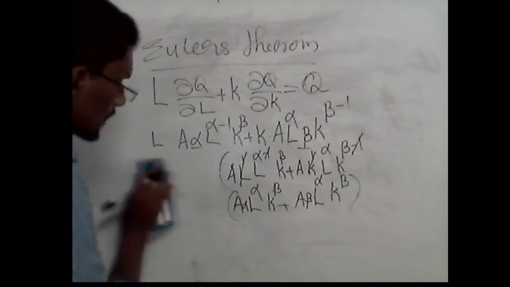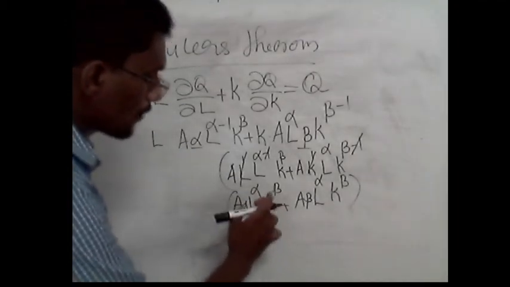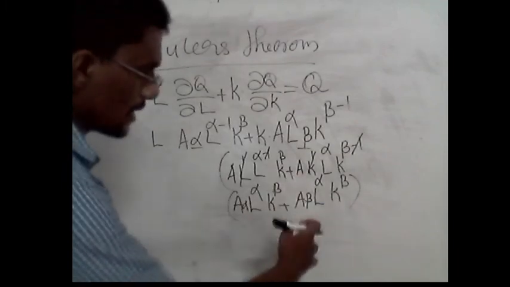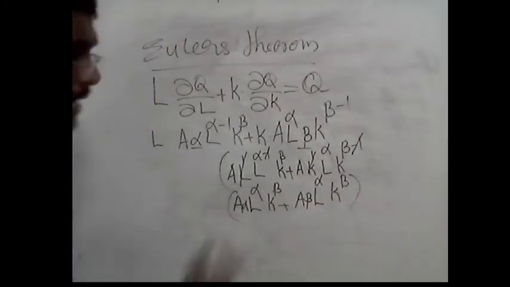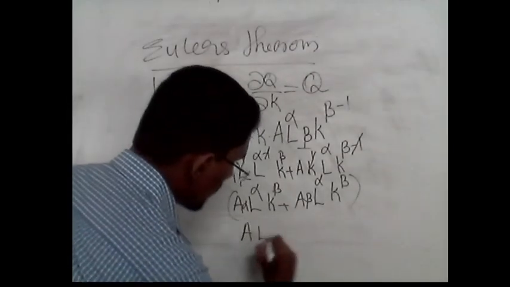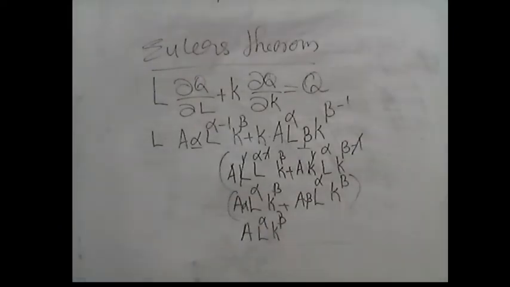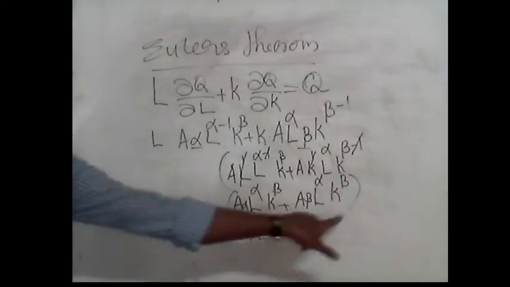Suppose if you are removing the same, that is alpha A L raised to alpha K raised to beta plus beta A L raised to alpha K raised to beta, and here we are taking the original production function, that is A L raised to alpha and K raised to beta, from both of these parts, that is A L raised to alpha and K raised to beta is on both sides.